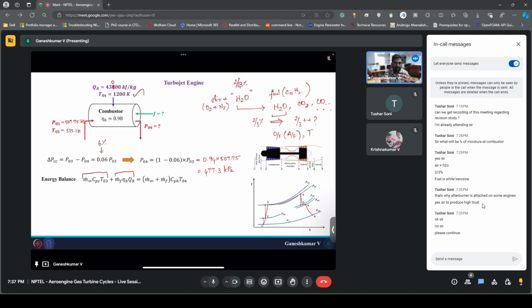Upon combustion, if you take into account the latent heat of vaporization of water, then it will be a lower heating value. If you don't take that into consideration, then it will be a higher heating value. So basically, upon combustion, the fuel gets burned and produces H2O and CO2.